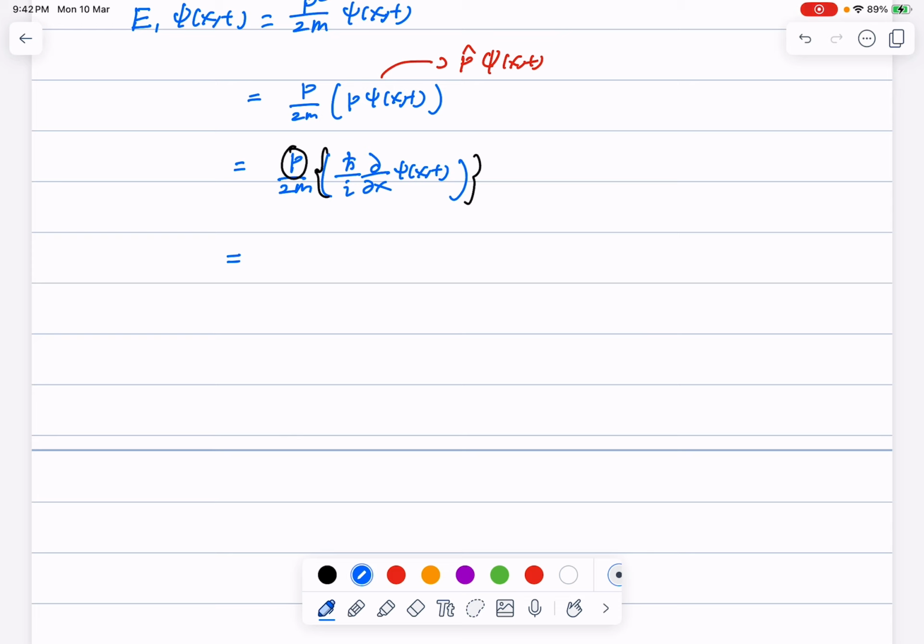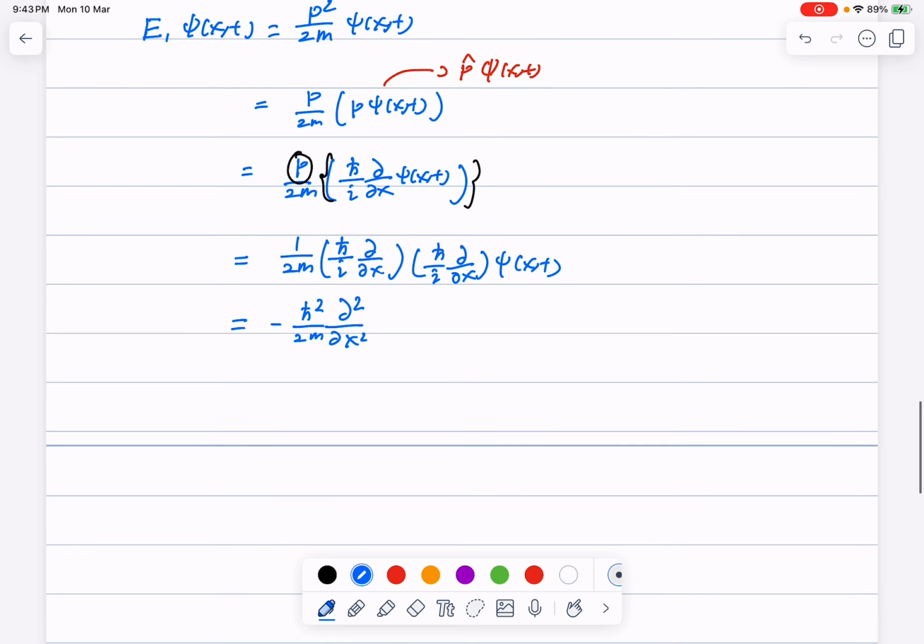This could also be written as p hat, so 1 over 2m times h bar over i partial derivative with respect to x, h bar over i partial derivative with respect to x, applied to psi of x and t. This will get us negative h bar squared divided by 2m times the second partial derivative. And we got this relationship.